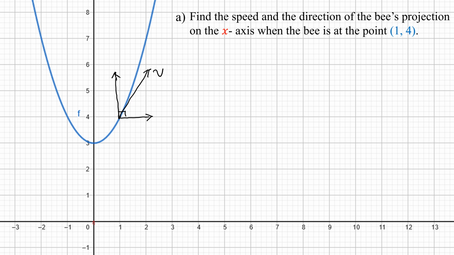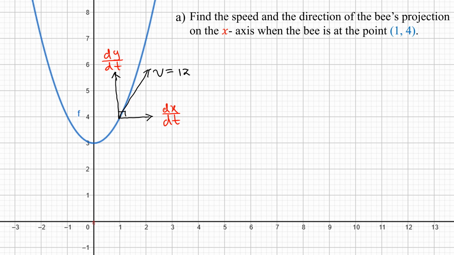This is v, which is equal to 12, and then you have the two components. The component going in the x direction is simply dx over dt, and the component going in the y direction is dy over dt. So you can write those two components of the velocity vector.